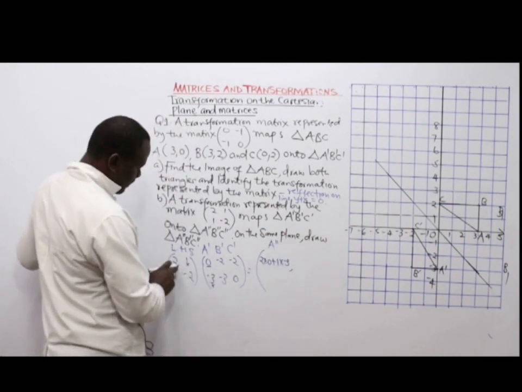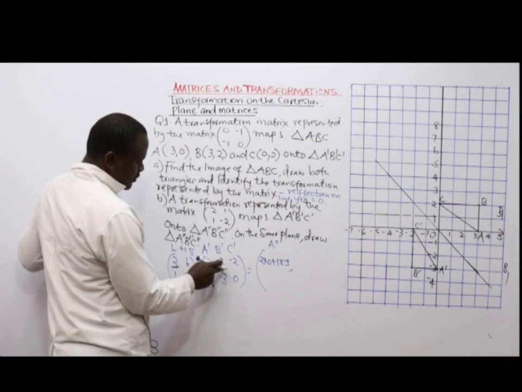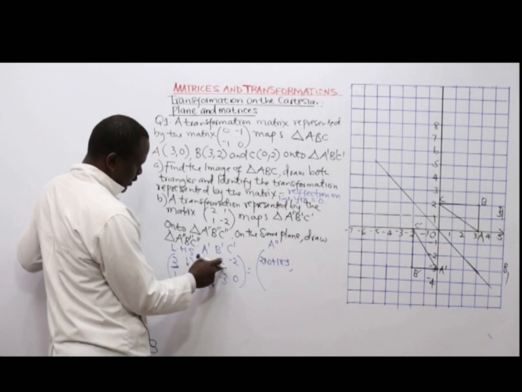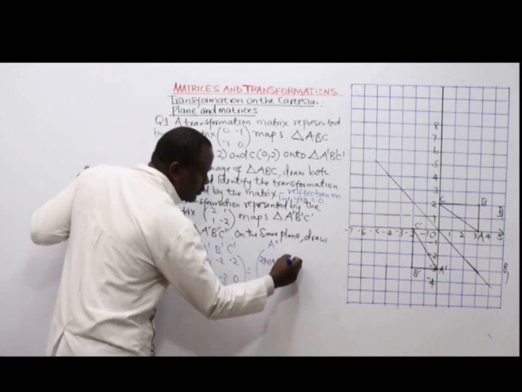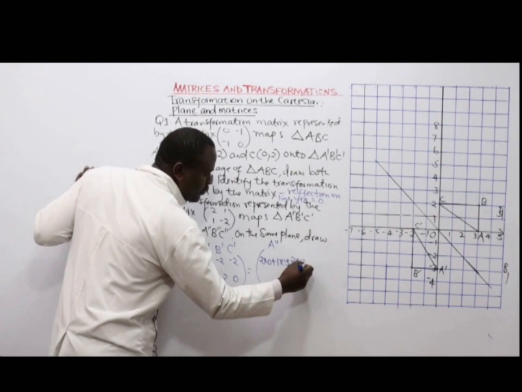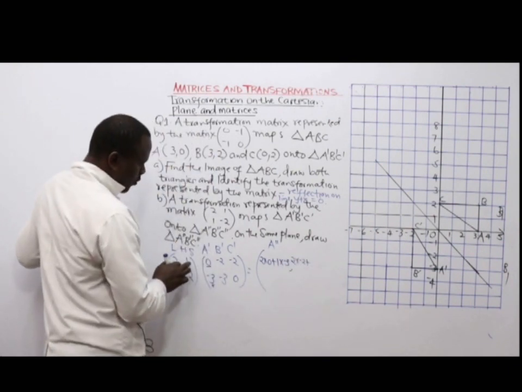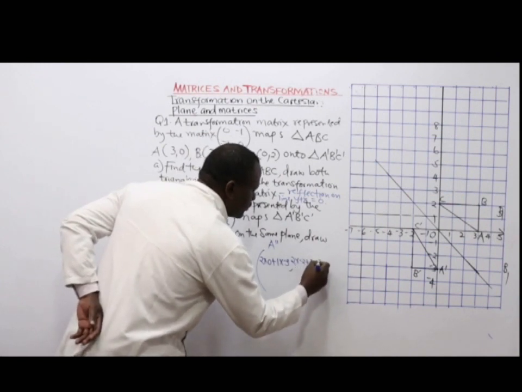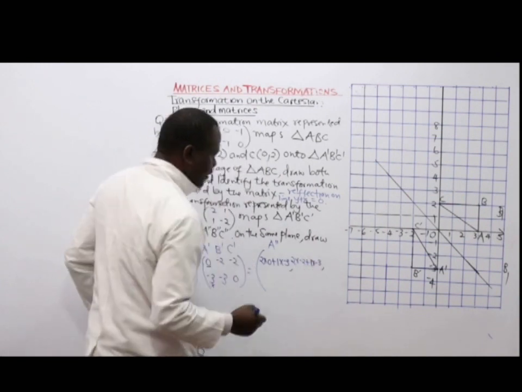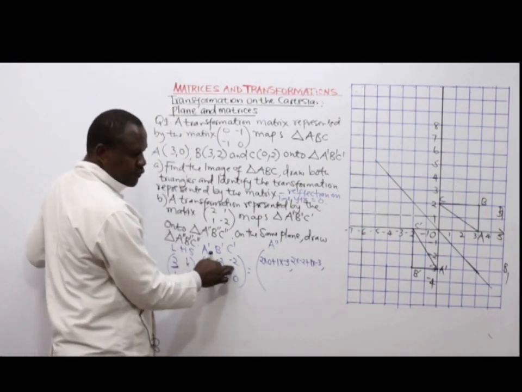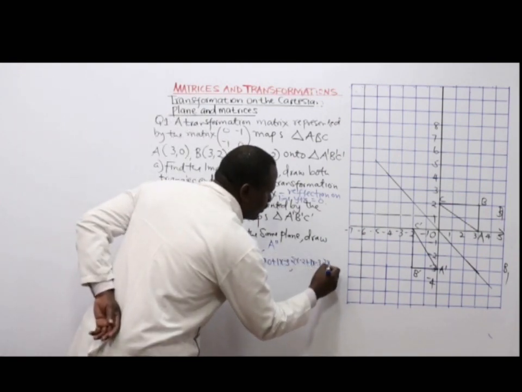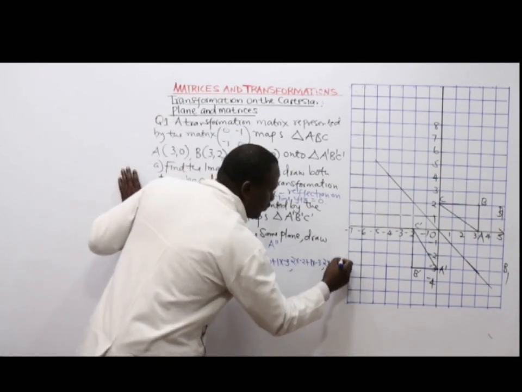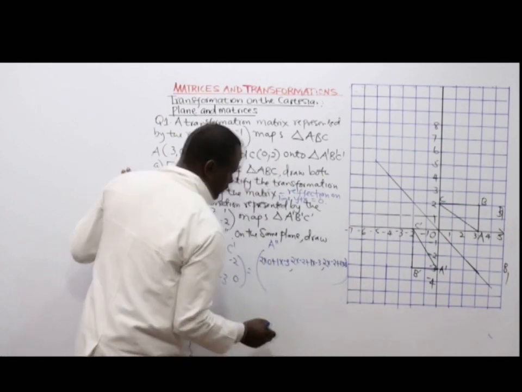Now, the next one is 2 times, so you leave this one and go to the next. 2 times negative 2 plus 1 times negative 3. The next one, 2 times negative 2 plus 1 times 0.